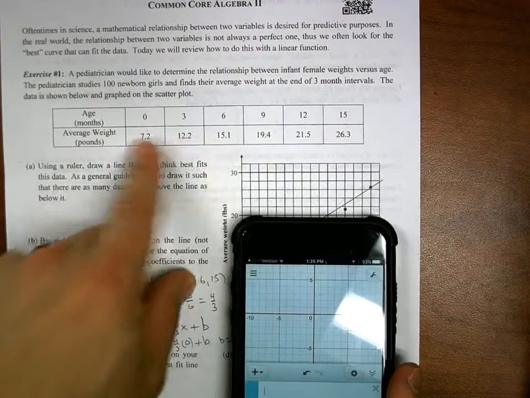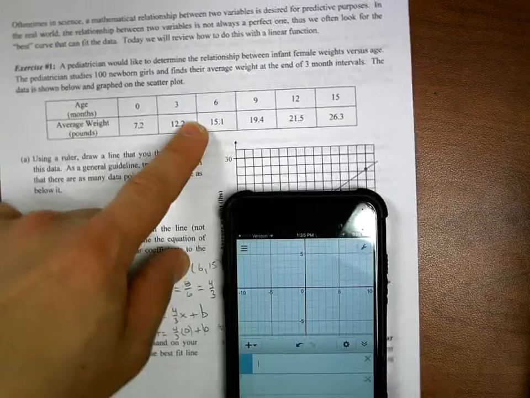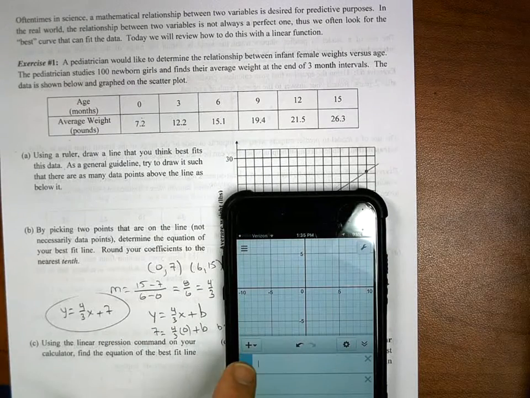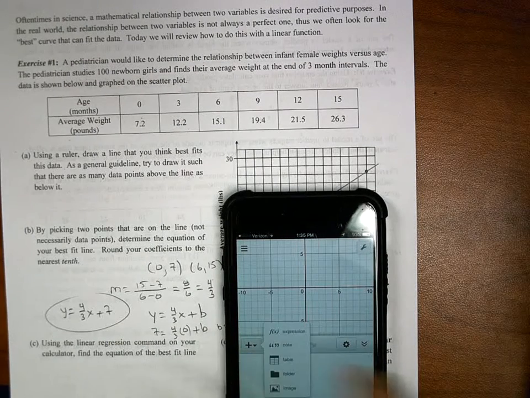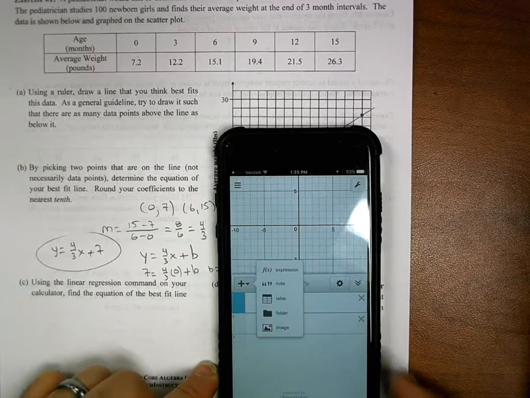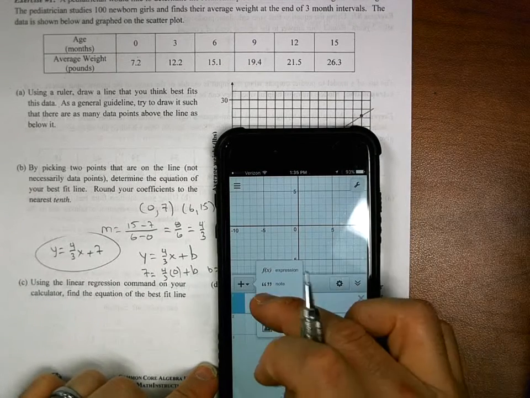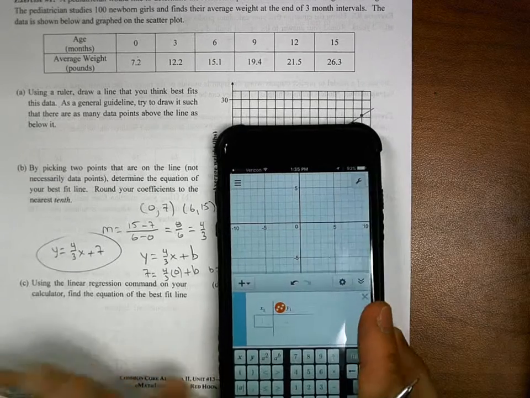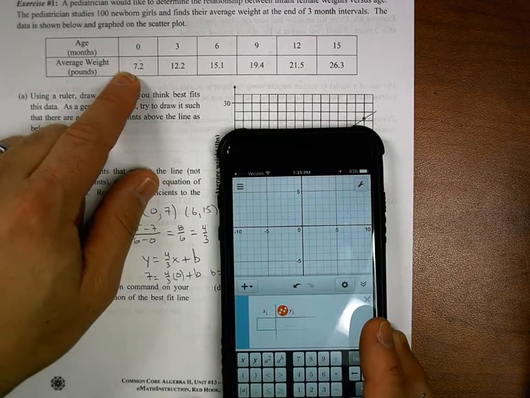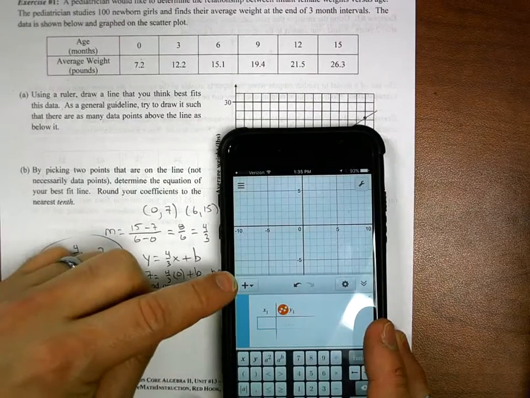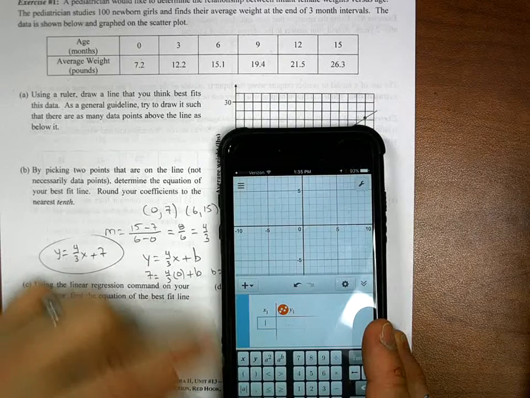So we're going to make a table here. So where it says there's a little plus there, go ahead and push that. Okay, what do you think we're going to choose? Table. So push table. Okay, and it allows us to input all this data.